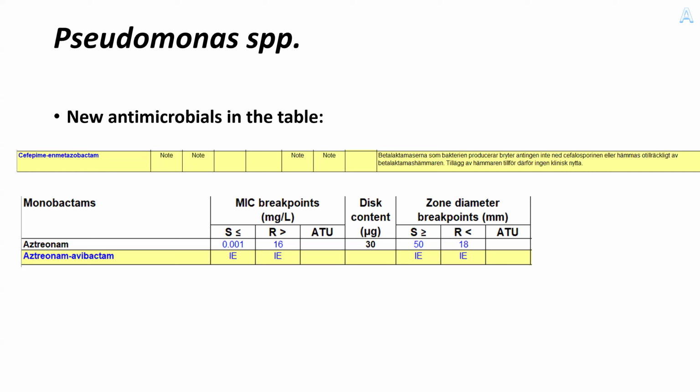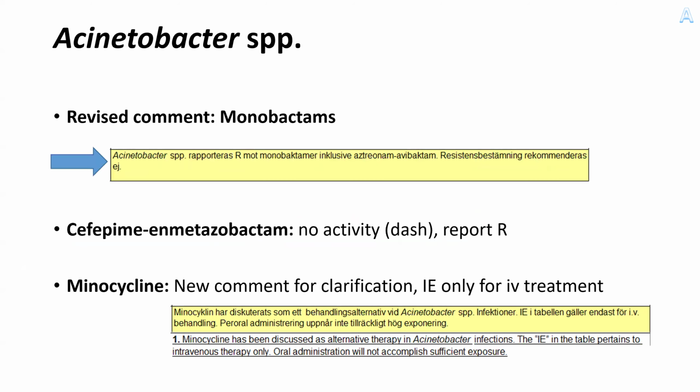And for the monobactams, we have now added aztreonam-avibactam that is classified as insufficient evidence for Pseudomonas species, but could of course be a treatment option together with some other agent for metallo-beta-lactamase producing Pseudomonas species. Yes, we can go on to the Acinetobacter.